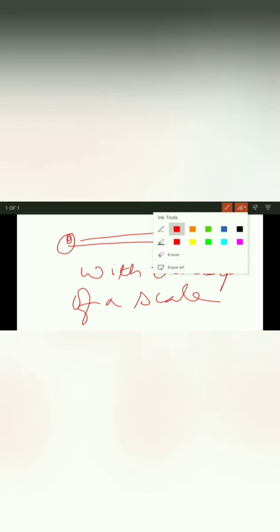You can also find it with the help of a divider. First of all, place the two ends of the divider on the two points, one on this end and one on the other end.